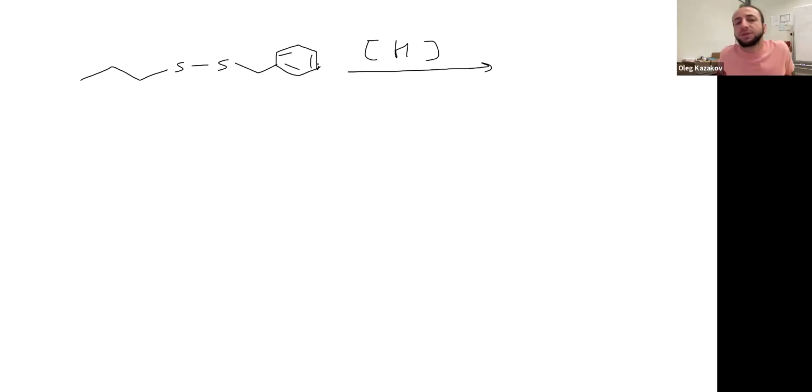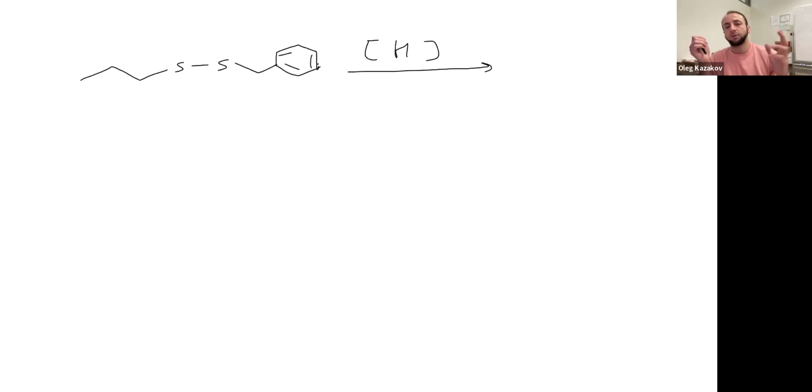Just for review purposes, from the organic chemistry perspective, oxidation is marked with the letter O in brackets, by the way. Oxidation is when we increase the number of oxygens in the molecule, or when we decrease the number of hydrogens. The reduction is going to be the opposite, right? That's when we, for example, decrease the number of oxygen atoms in the molecule and/or increase the number of hydrogen atoms.